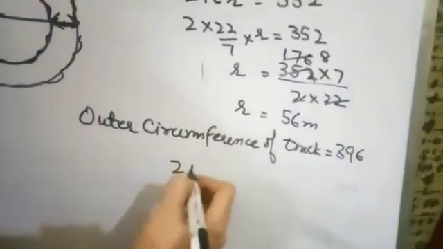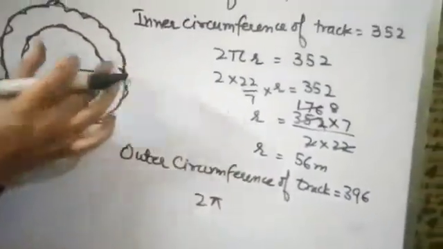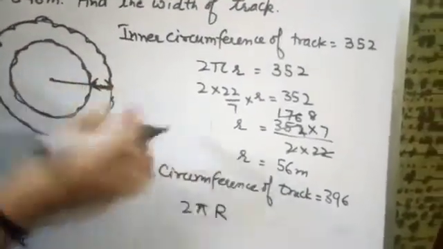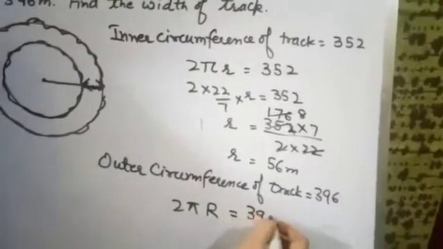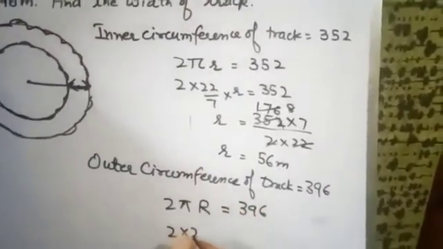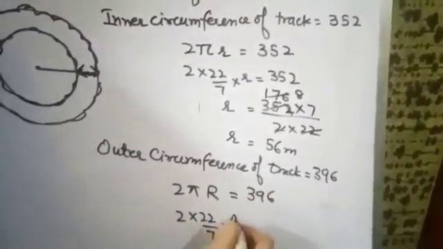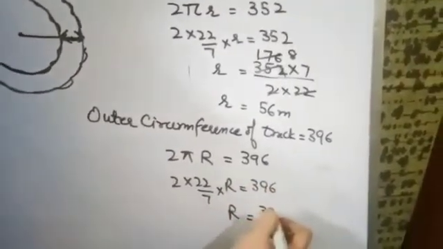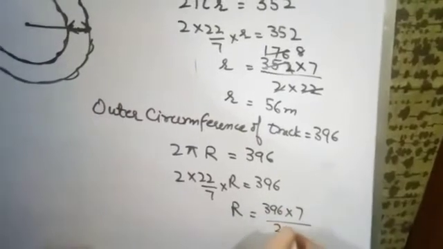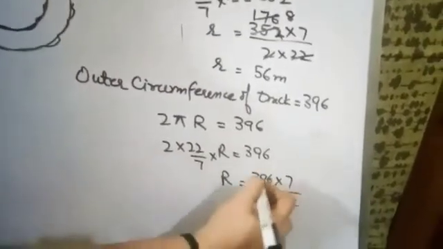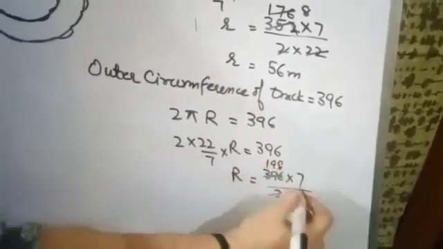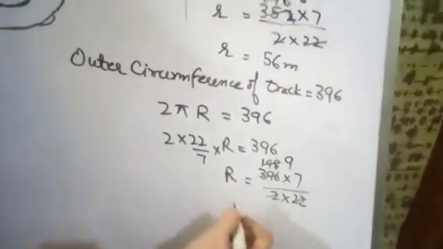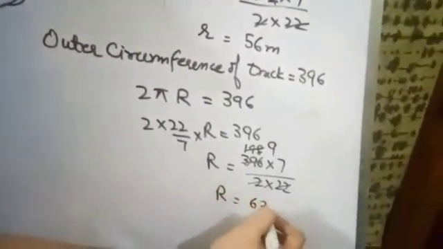Now for the outer radius, I am mentioning it with capital R. This distance is capital R. The circumference is known to us, 396, the value of pi is 22/7, and this R we can find here. 396 into 7 by 2 into 22. 2 ones are 2, 2 9s are 18, and 22 9s are 198. 9 7s are 63.